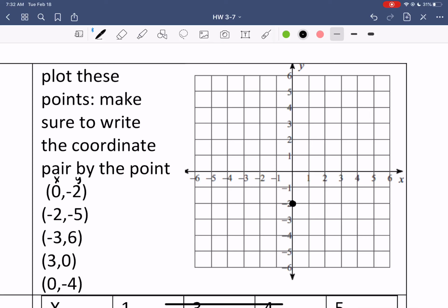So (0, -2), and then it says to write the coordinate pair by it. (-1, -5), so x is -1, y is -5. Then 1, 2, 3, 4, 5. So I'm going to erase that. (-2, -5), and so forth.